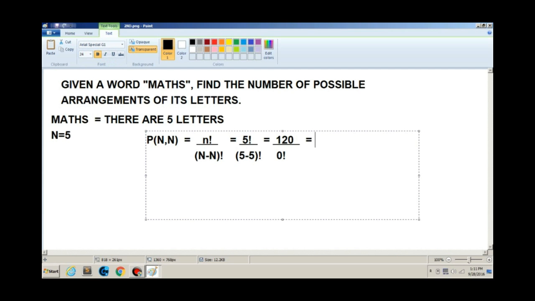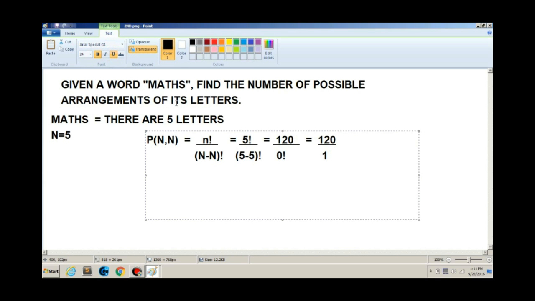So now, according to the book, or according to mathematics, 0 factorial is equivalent to 1. So it would look like this: 120 over 1.